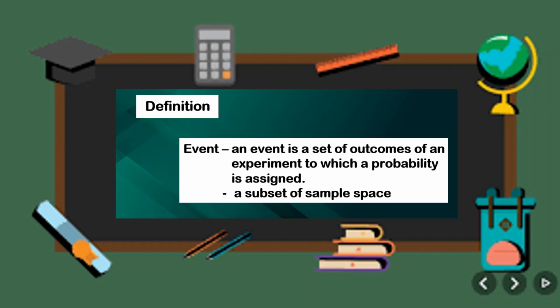It's the chances, it's the probability. An event is also known to be a subset of the sample space, so it will not be a superset, it's a subset of a sample space. Since we're done with defining the terms, now let's proceed to illustrating it using a very simple example.